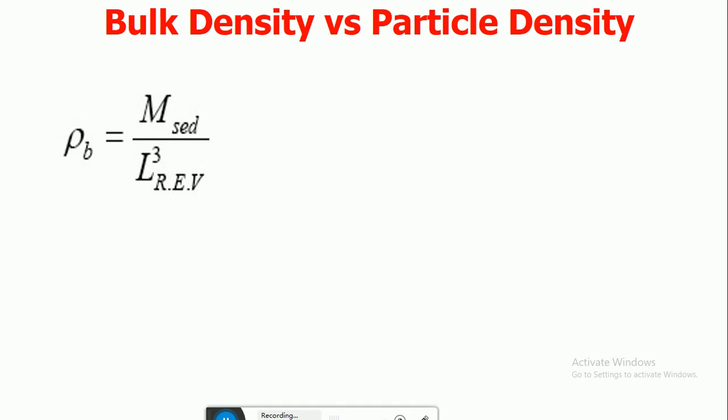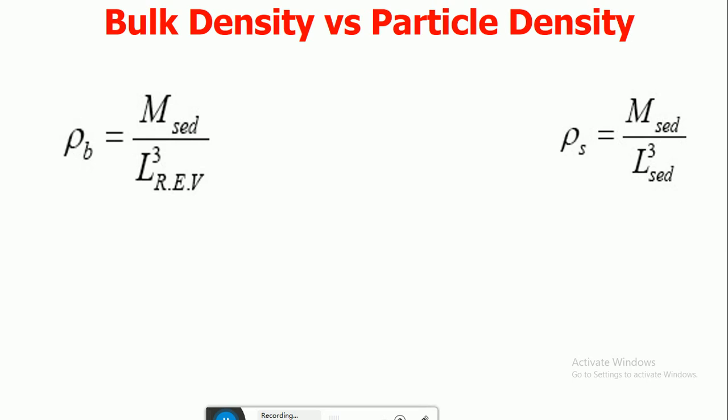Recall that density is mass over volume, and the volume used in the bulk density is the volume of sediments plus voids. Okay. Now, particle density, ρs. Particle density does not include the voids but represents the density of the rock itself. Okay, clear? What is the bulk density and what is the particle density?